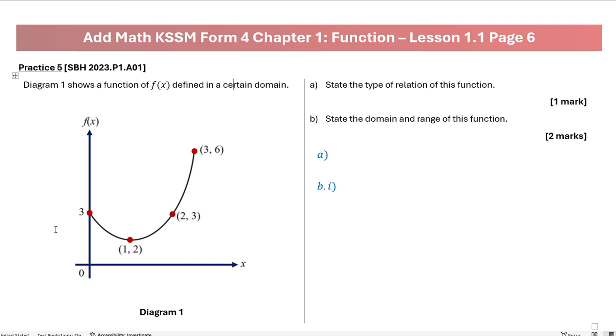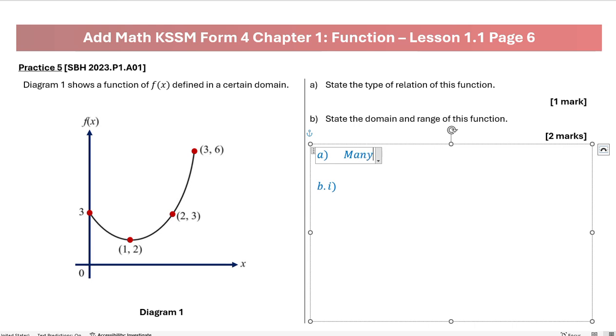However, when we conduct the horizontal line test, remember the green line, we end up with, for example here, 0 pointing to 3 and 2 pointing to 3. So many to 1. So what's the type of relation? The type of relation is many to 1. But better that you conduct the horizontal line test and vertical line test.